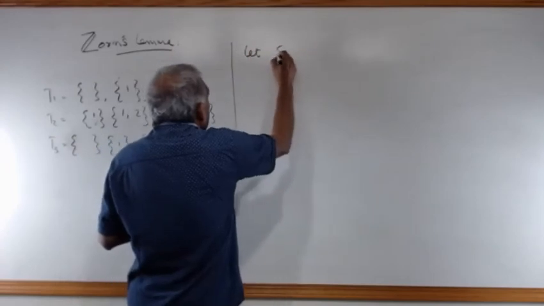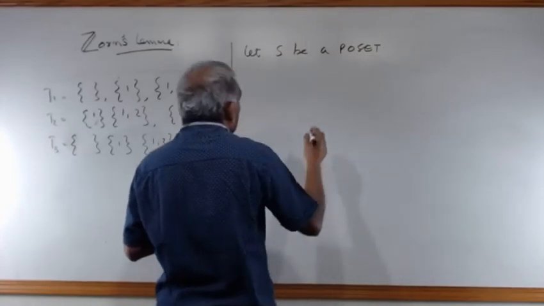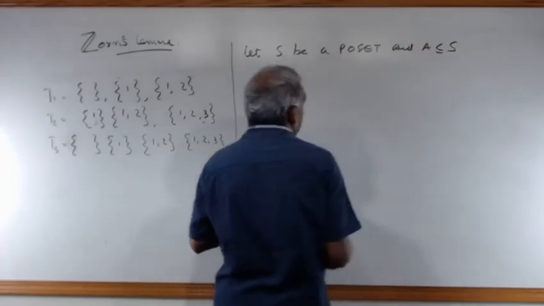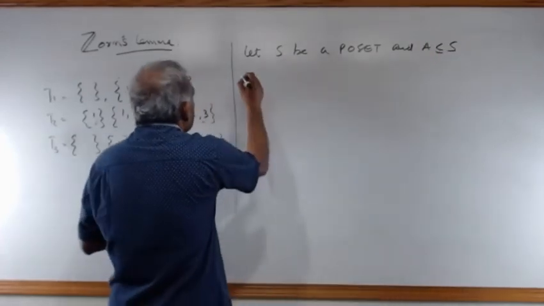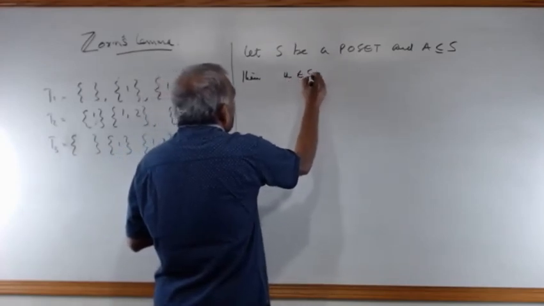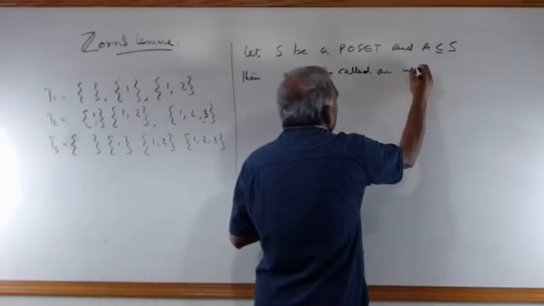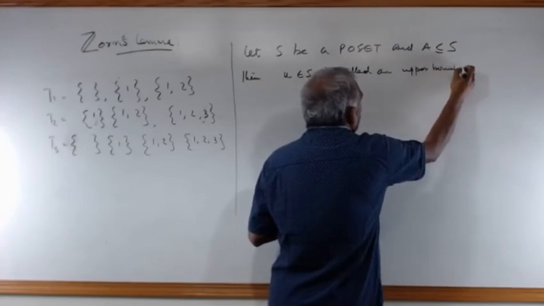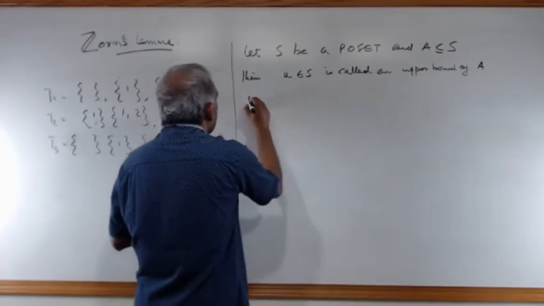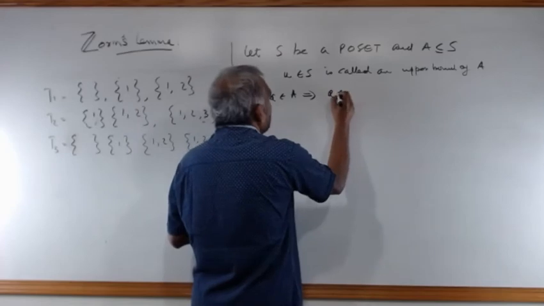Let S be a poset and A is a subset of S. Then an element u belonging to S is called an upper bound of A if a belongs to A implies a is less than or equal to u.